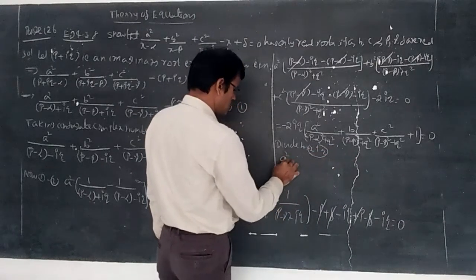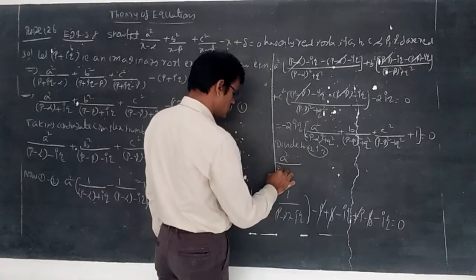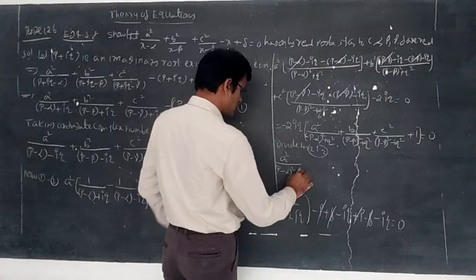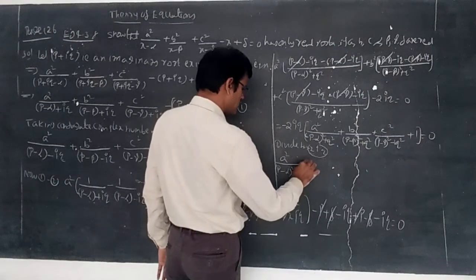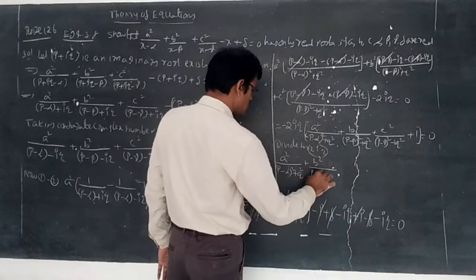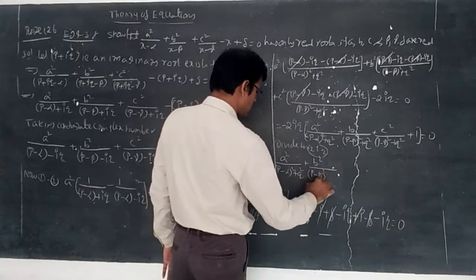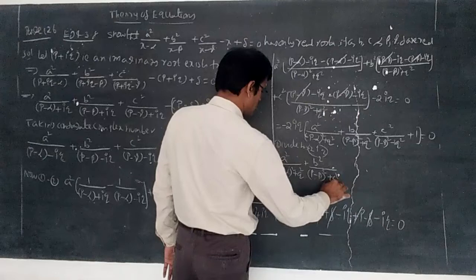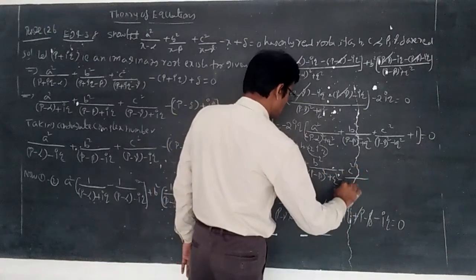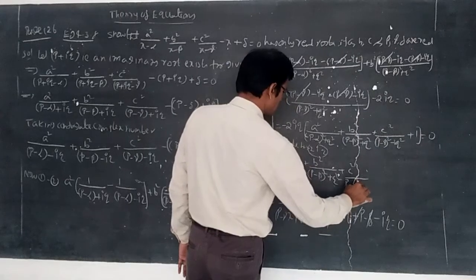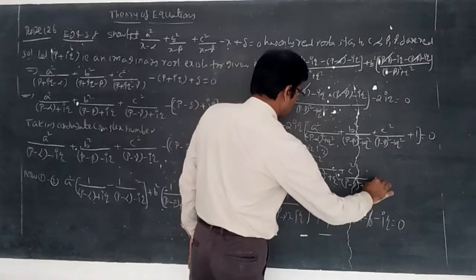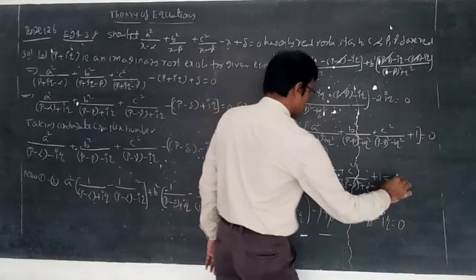You can write a square by (p minus alpha) whole square plus q square, plus b square by (p minus beta) whole square plus q square, plus c square by (p minus gamma) whole square plus q square, plus 1.